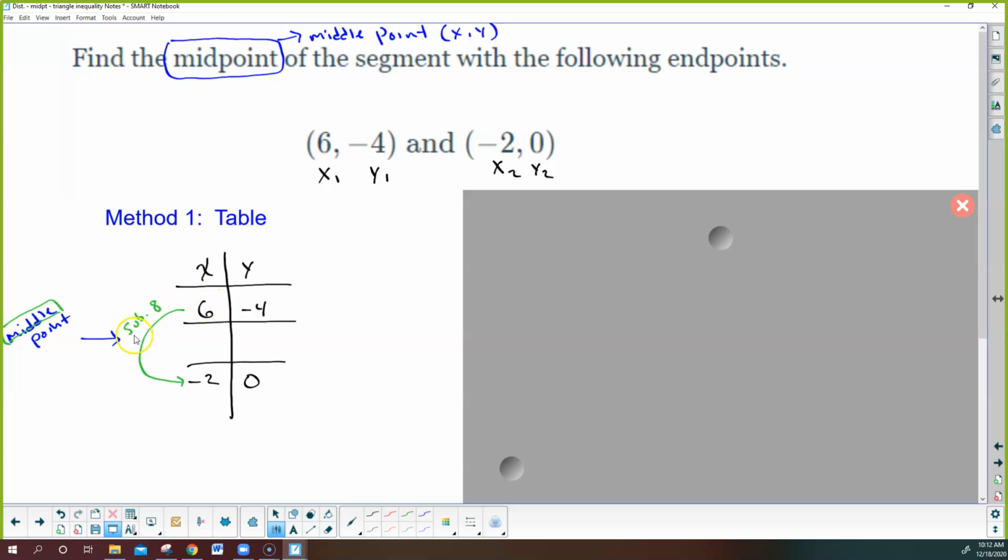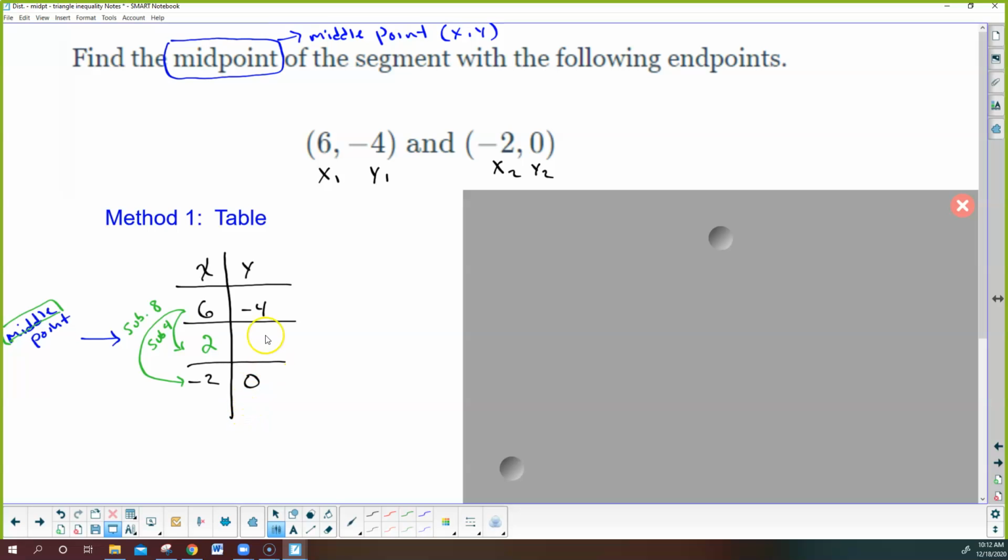If I go from 6 and I take away 8, I'm going to be left at -2. But I don't want to go all the way from an endpoint to an endpoint. I want to go half of that. So instead of subtracting 8, I'm going to go half of 8, which is 4. So 6 minus 4 tells me 2. 2 is the halfway point between 6 and -2.